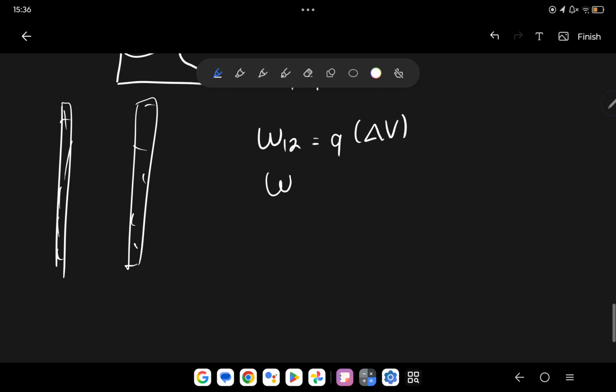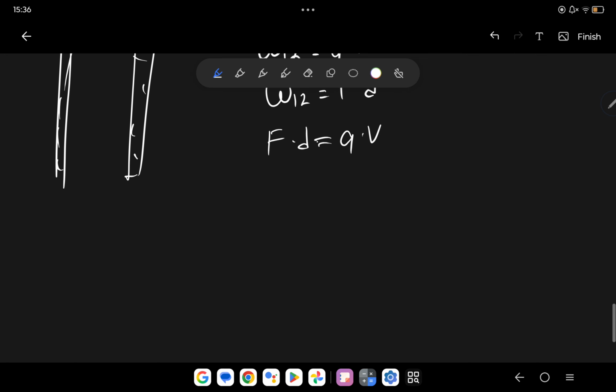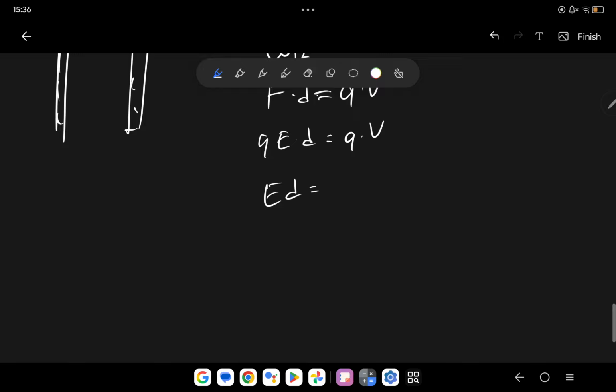And we also know that the work done is equal to F multiplied by D. So F multiplied by D is equal to Q multiplied by V. And we know F is equal to Q multiplied by E. So I'll get Q multiplied by E multiplied by D is equal to Q times V. So I'll get ED is equal to V.